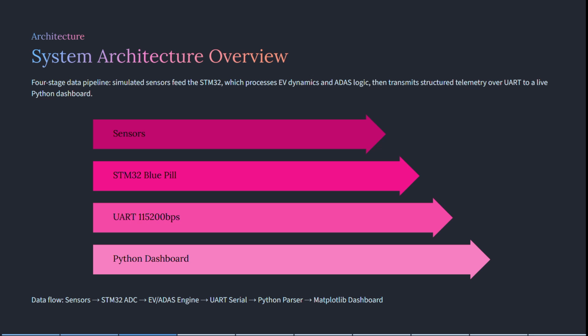The data flows from sensors to the STM32 Bluepill, EV and ADAS engines, and UART serial. Then it goes to Python, the parser, and the Matplotlib dashboard. We are using 115200 baud rate.